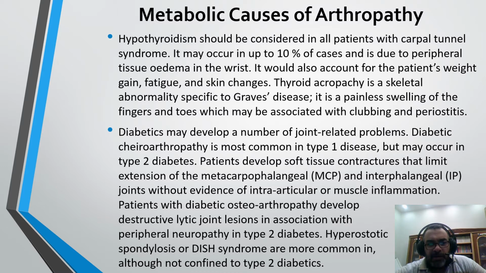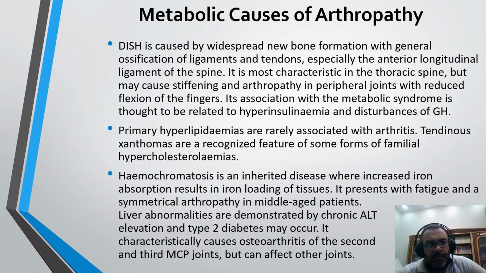Hyperostotic spondylosis or DISH syndrome is more common, although not confined to type 2 diabetes. So DISH syndrome is more common in type 2 diabetes but may also occur without it. DISH syndrome is caused by a widespread new bone formation with general ossification of ligaments and tendons, especially of the anterior longitudinal ligament of the spine.